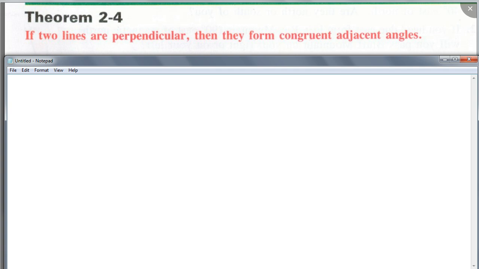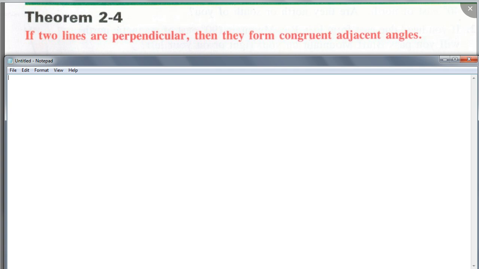Do you guys agree in terms of what this theorem is saying? What does it mean? Somebody tell me what this theorem is saying here. How about Tony? Angles that are next to each other are equal. Exactly. It is so obvious to us, we even know the measurement of these angles, we know they're 90.